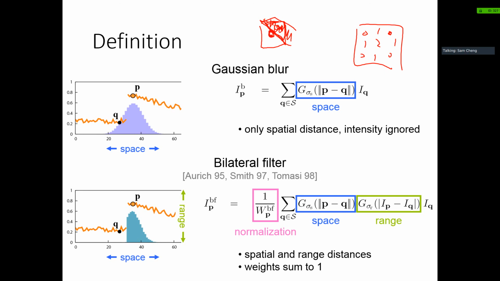So the idea is very simple. How they do that is I change the kernel and make it adaptive to your pixel value as well. They added an additional part to the kernel.